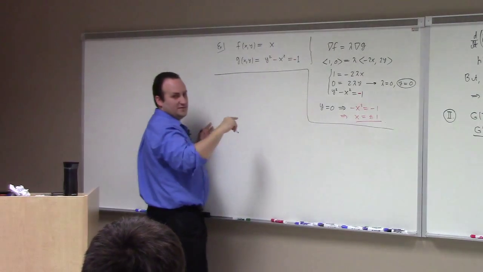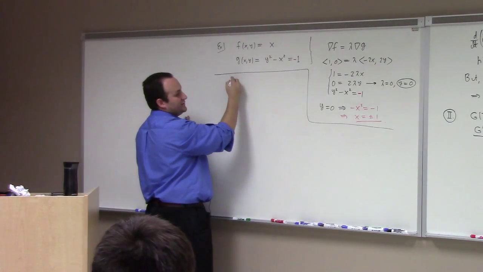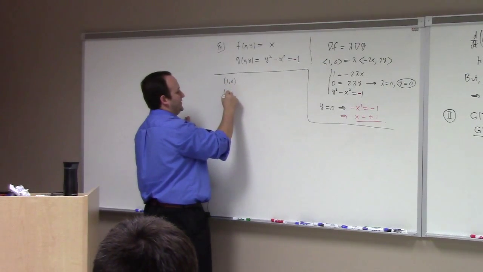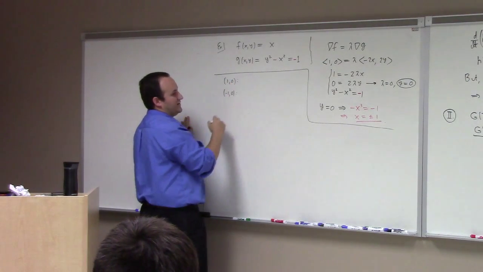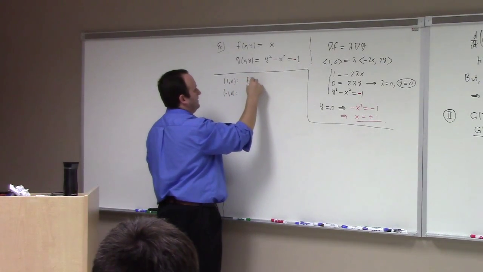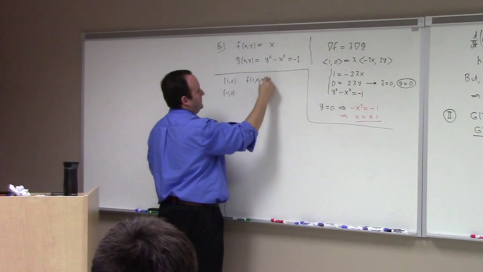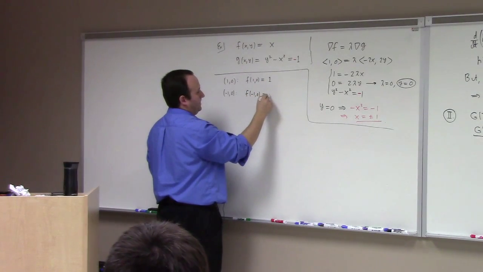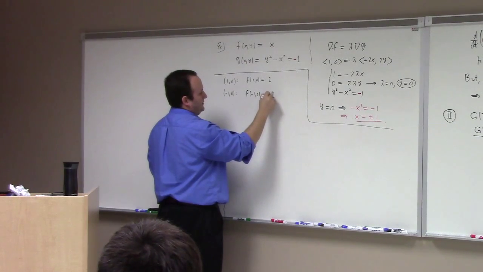Okay, so what we just found is that we have two extremal points: 1, 0 and minus 1, 0. Those are the points which satisfy the Lagrange multiplier condition. If you look at f of 1, 0, what do you get? 1. And f of minus 1, 0? Minus 1.